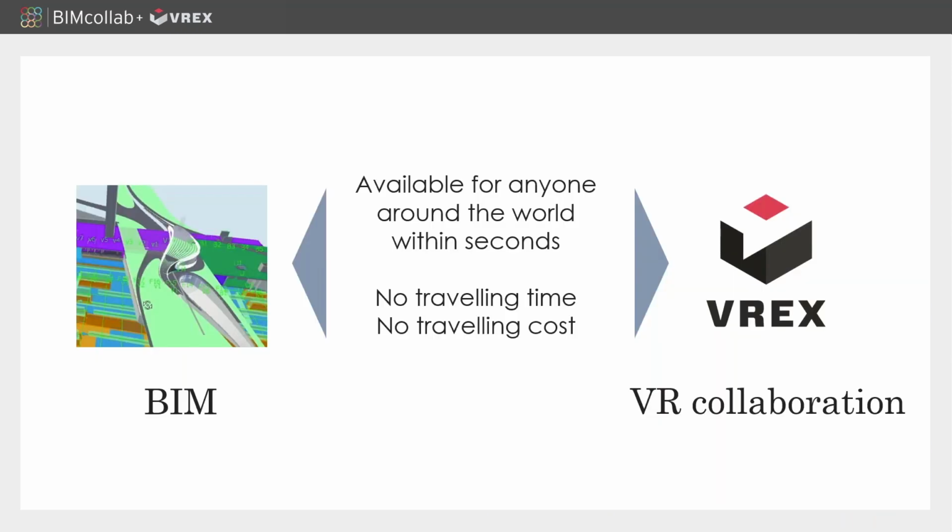So what Vrex does is we integrate with where this model is stored, and we are able to bring that over into virtual reality in seconds. In this case, it's stored in BIM 360, but that could be any BIM platform, or even with local files as well. And then we have an easy way to share the access to the virtual room with anyone in your project.